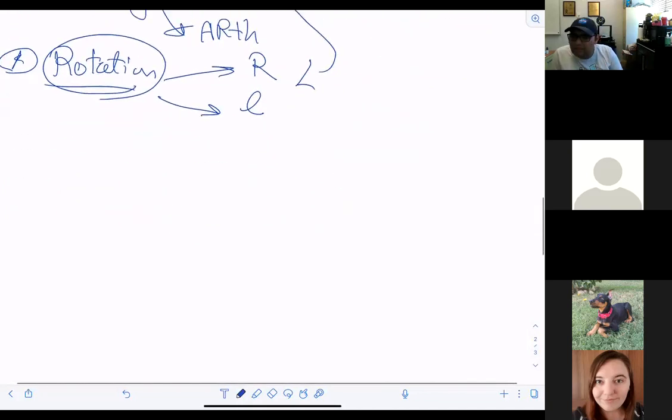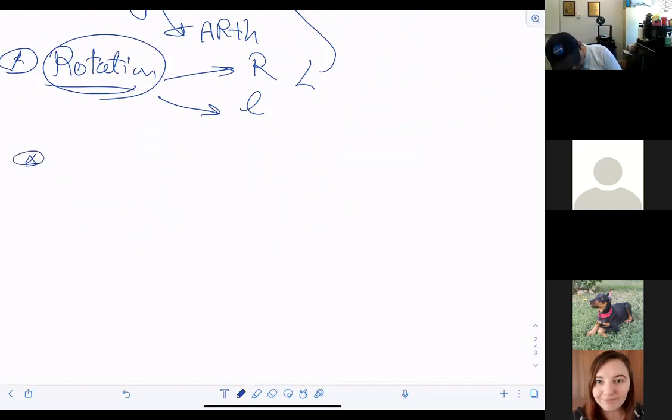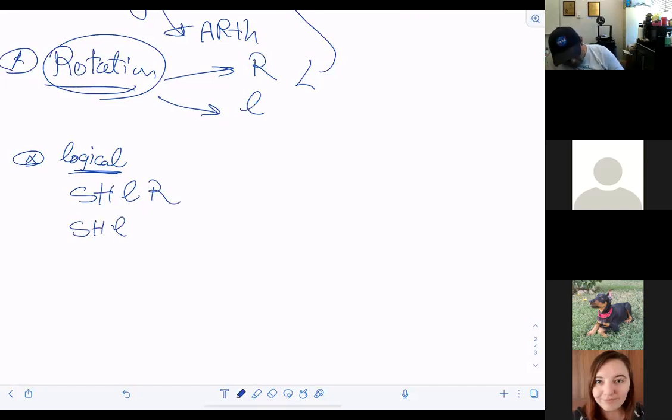Let's at least understand the concept, and then we can start building it. Okay. So imagine that I would like to go into the logical one first. So shift can be shift logically right, or shift logically what? Left. What does it mean? Imagine the following. We already understood there is something called a register. Do you guys agree?